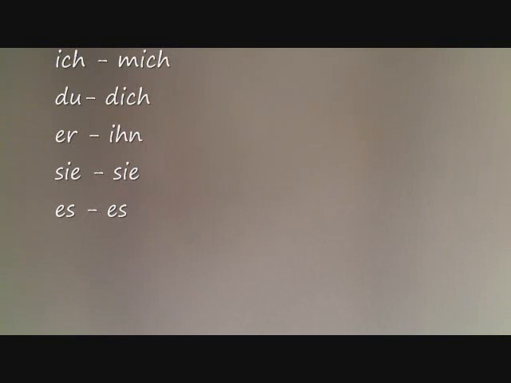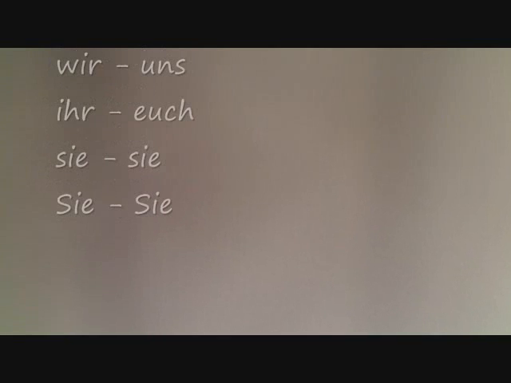Sie means she or for her. Es is for it. Uns, us. Euch, you all, plural. Sie, for them. And Sie with a capital S for you. This is the polite form.